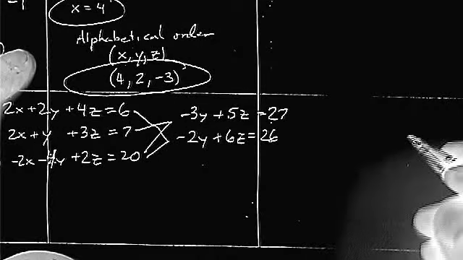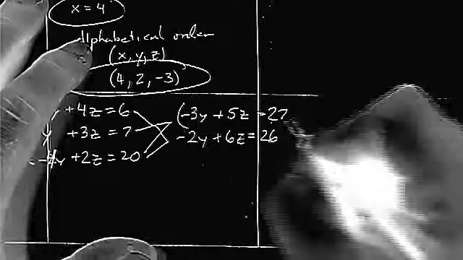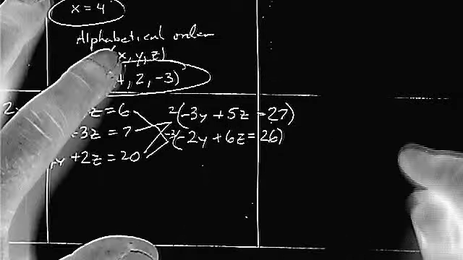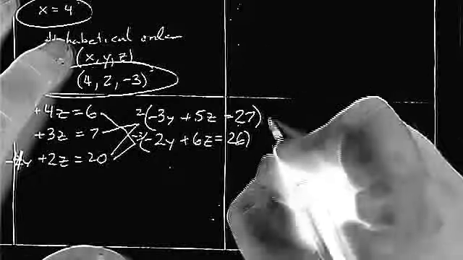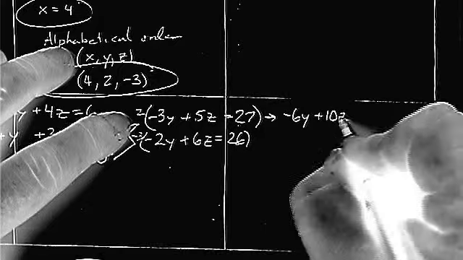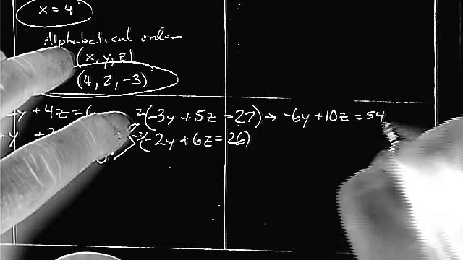So let's see here. How about we multiply this one by 2 and this one by negative 3. So that's going to give me negative 6y plus 10z equals 54.